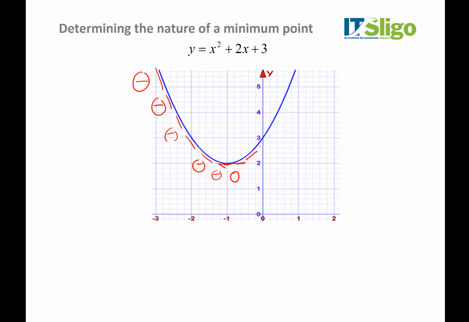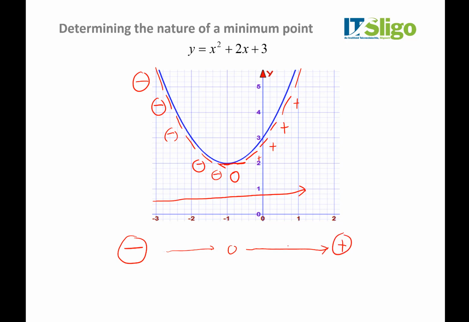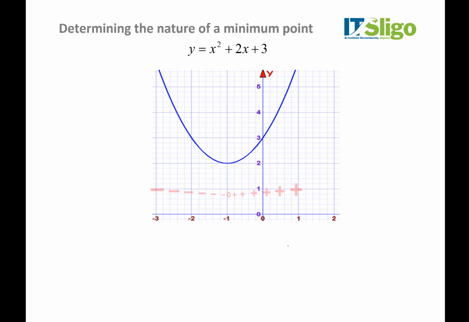And then the slope starts to increase. It's positive and gets more and more positive as our x values get bigger. So as we go from left to right, we start off with a very negative slope. Then it goes to being 0. And then the slope starts to increase.